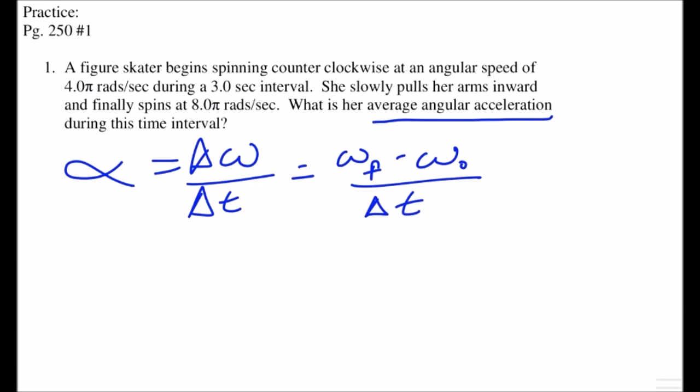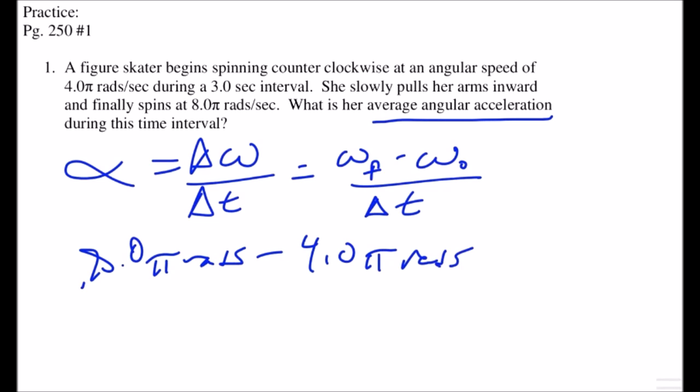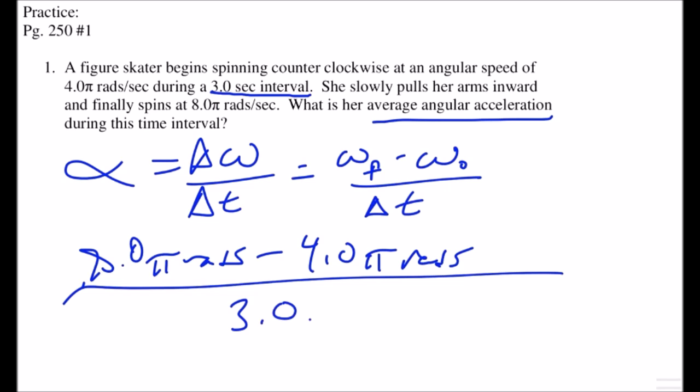So we're going to say 8 pi radians minus 4 pi radians over, okay, now this bottom one, I already gave you the time interval. I gave you the change in time, 3 seconds. So that's what we're going to put on the bottom, 3 seconds.